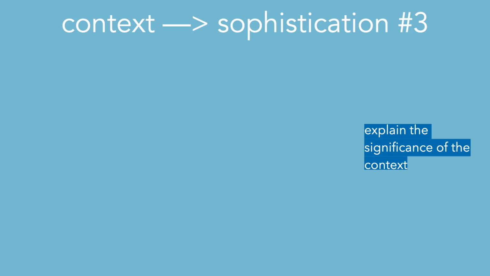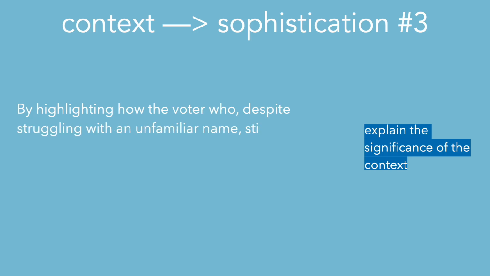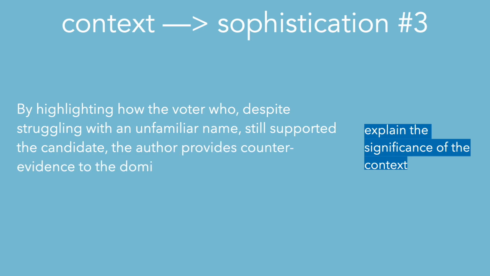Explain why the context matters. By highlighting how the voter, despite struggling with an unfamiliar name, still supported the candidate, the author provides counter-evidence to the dominant narrative that authenticity is politically costly.